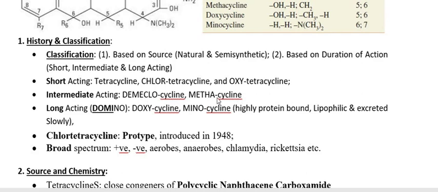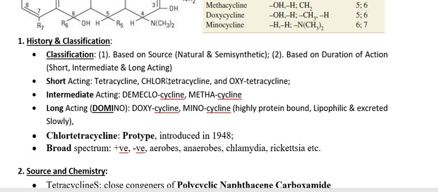And in these two, you can see that methyl is coming. In demeclocycline, there is removal of one methyl group from chlortetracycline. Therefore, the name of the resultant compound is demeclocycline. The other name of demeclocycline is demethylchlortetracycline.